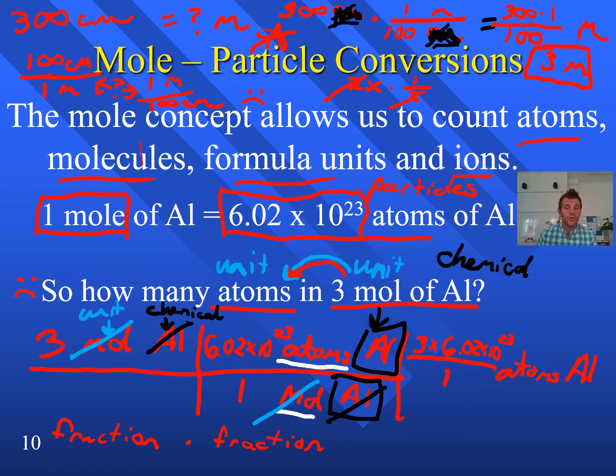If it's Paper 1, you can't. Paper 2, you can. Paper 1, I'll teach you how to do the mental math, but what I always imagine is I just do in my head 3 times 6, which gives me 18 times 10 to the 23rd, and then I just shift my decimal place over and increase my exponent by 1.